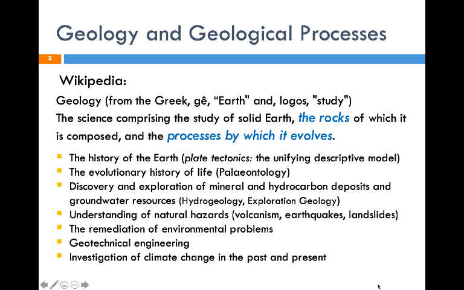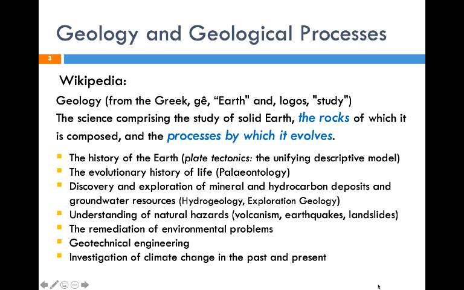And in the last 500 or 600 million years, higher developed life has existed, and paleontologists study this. Then, of course, the exploration of mineral and hydrocarbon deposits is an important field, and with increasing significance, groundwater resources. So, exploration geology and hydrogeology are two very important fields.